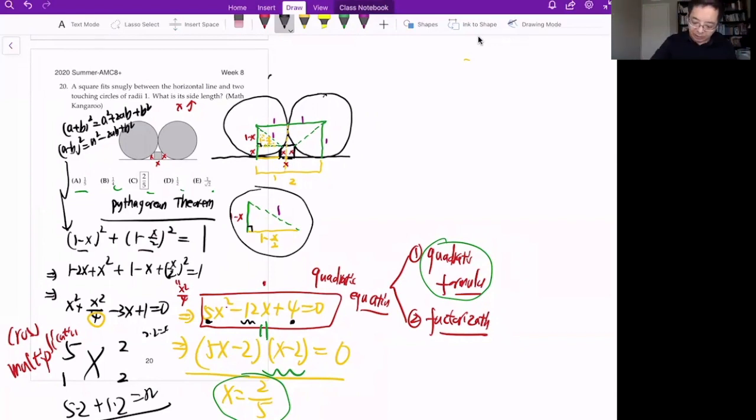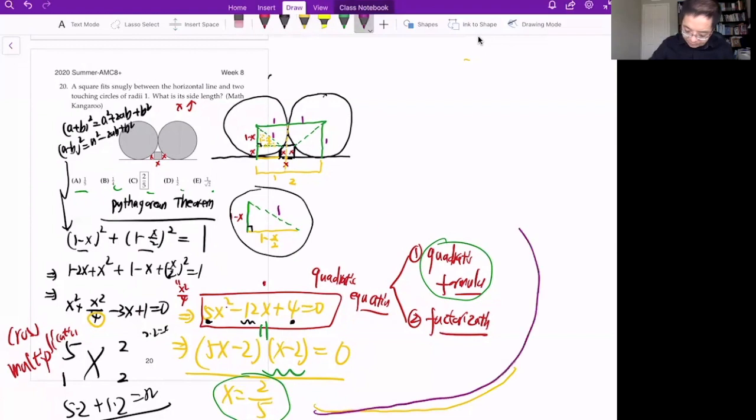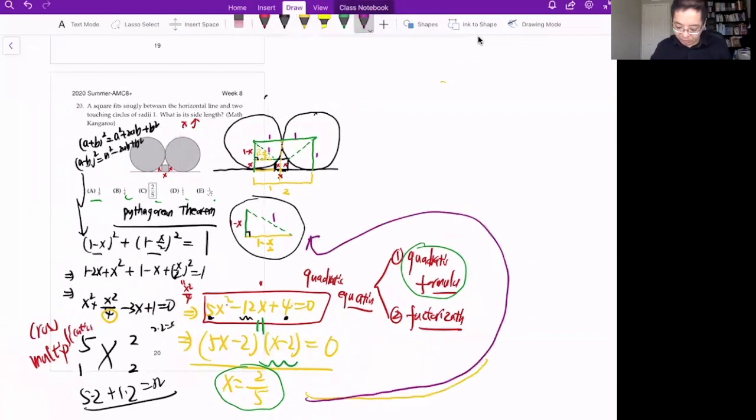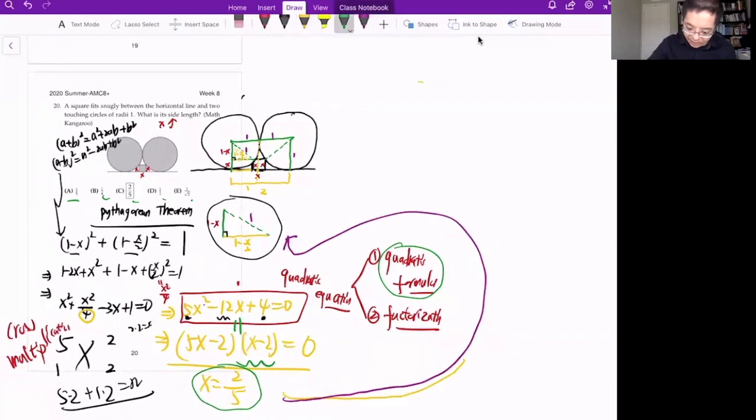Now one thing I want to point out is if we put this one back into this triangle, let's see what we have. I'm enlarging. Because x is 2/5, this will be 3/5, and this will be 4/5, and this is 1.